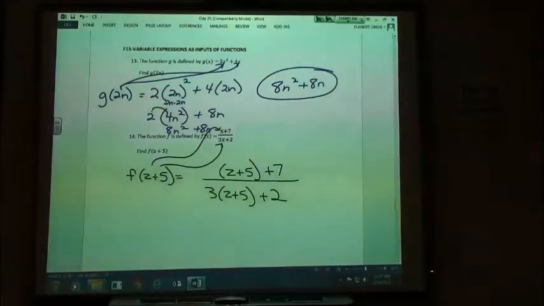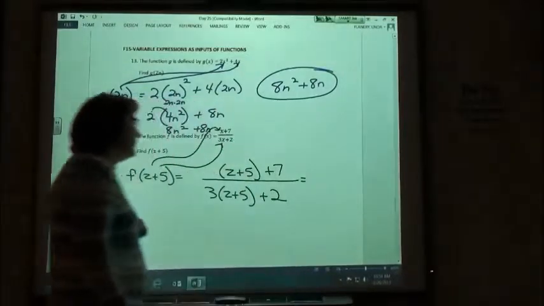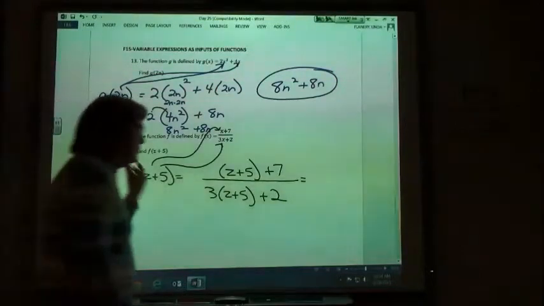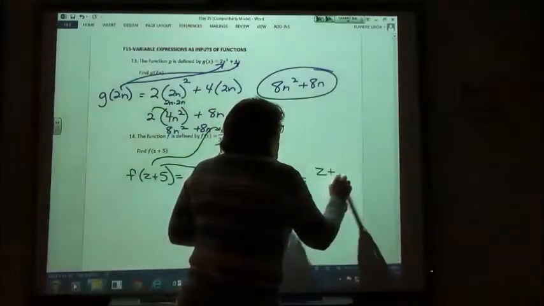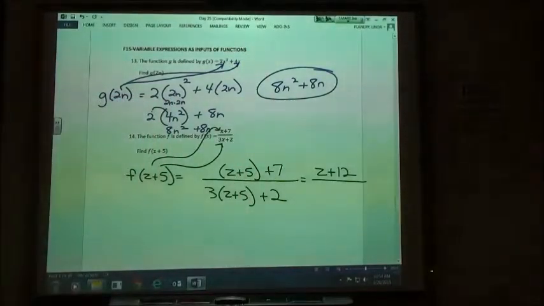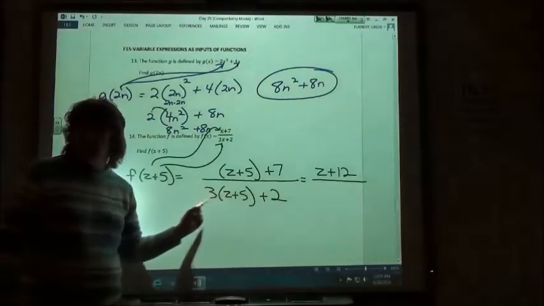So I want to simplify that. When I combine my like terms on the top, what am I going to get? Z plus 12. On the bottom, before I can add the 2, I've got to use my distributive property, right?